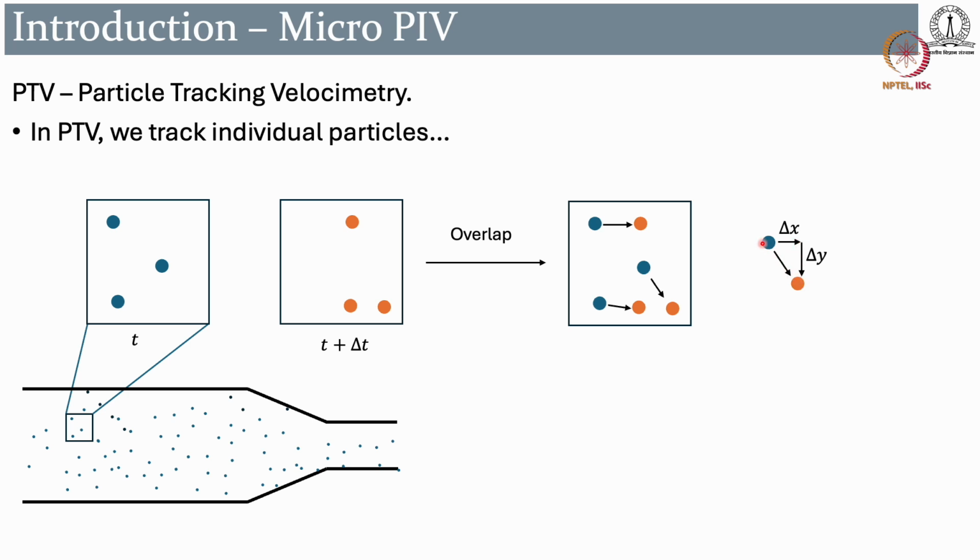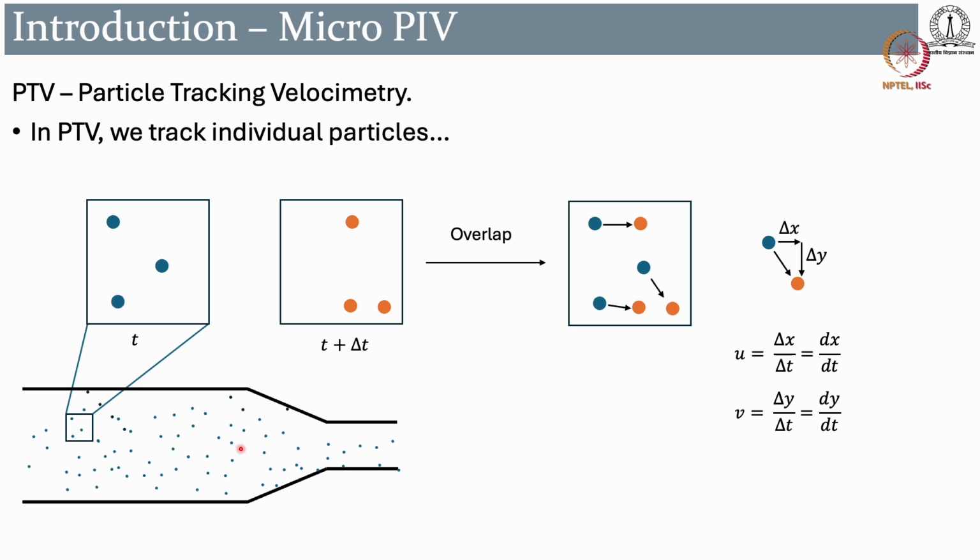If you resolve this vector, you get delta x and delta y. In the u direction, the velocity is delta x by delta t, which can be approximated as dx by dt, and in the y direction you get delta y by delta t, which is dy by dt. So what you are doing is picking up each particle and tracking it in time.